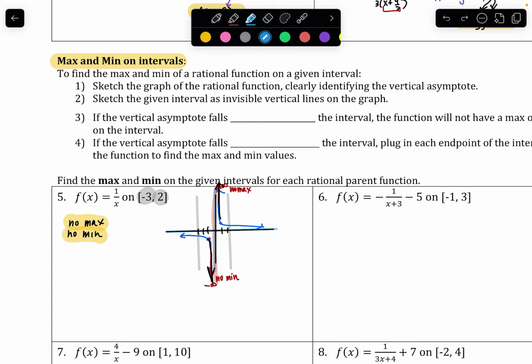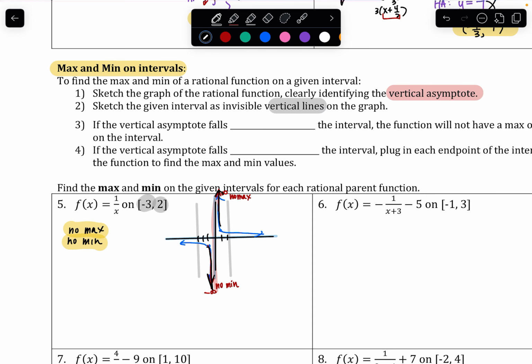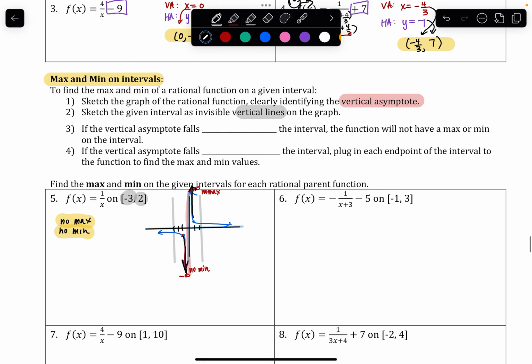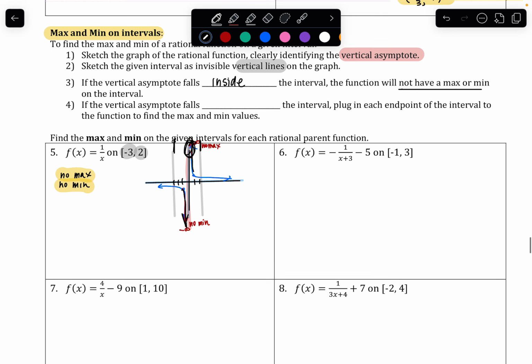I graphed my vertical asymptote in red, this line right here, and then I graphed the interval as gray vertical lines. If the vertical asymptote falls inside the interval, just like this example did, there will be no max or min. Don't even have to do any math.